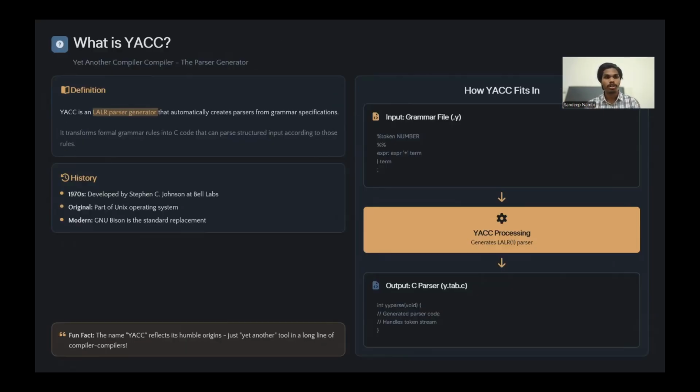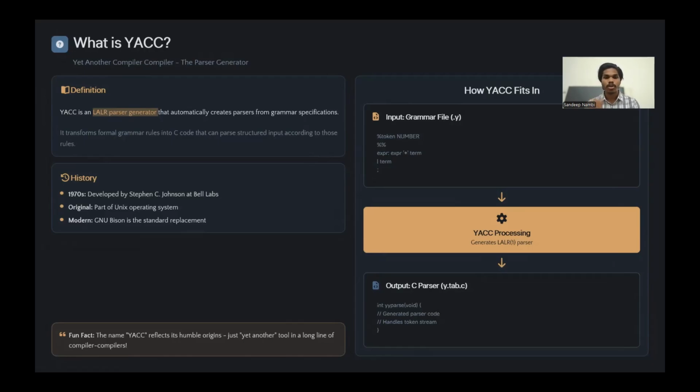Let us understand what YACC is. YACC stands for Yet Another Compiler Compiler, which is a parser generator. It is an LALR parser generator, meaning you give it a set of grammar rules, and YACC automatically creates parsers from grammar specifications, and it writes a C program that can parse structured input according to those rules.